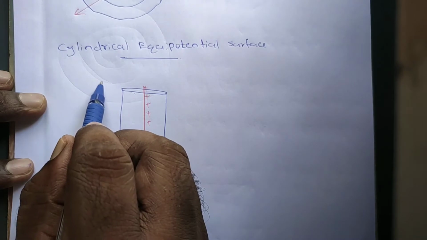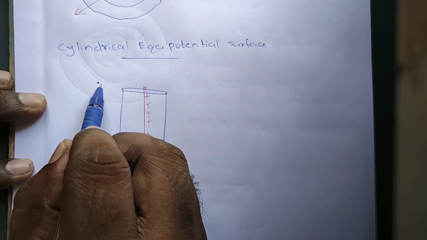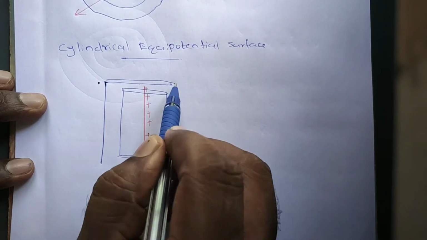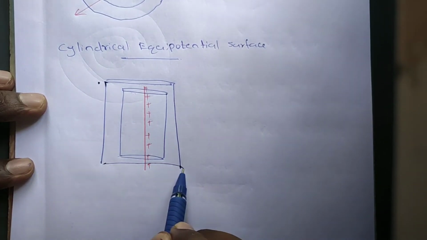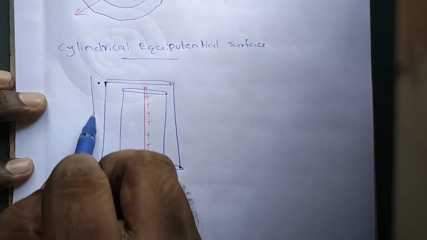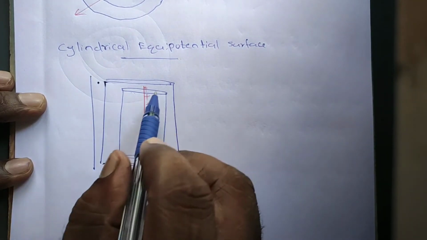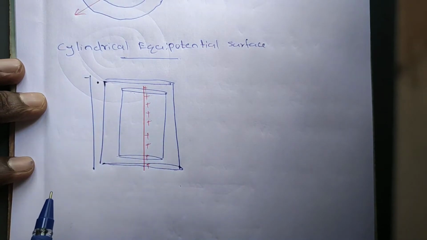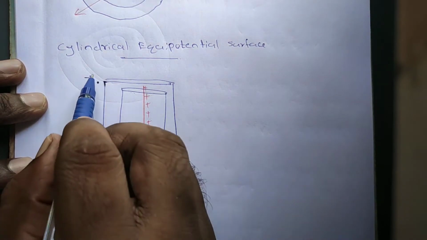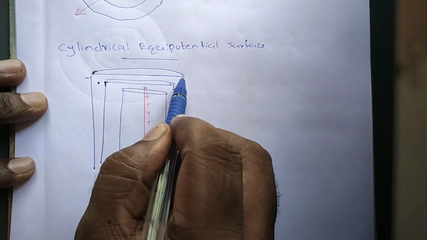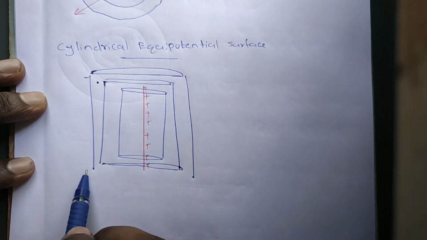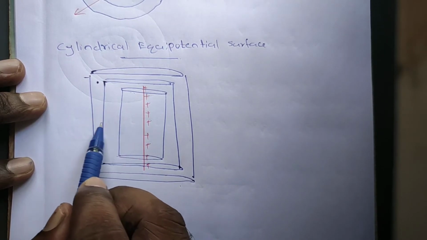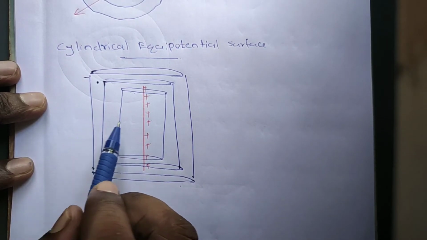Next we can draw another concentric cylindrical surface like this, and another one like this. Clear? So here also the distance between the equipotential surfaces increases while going away.